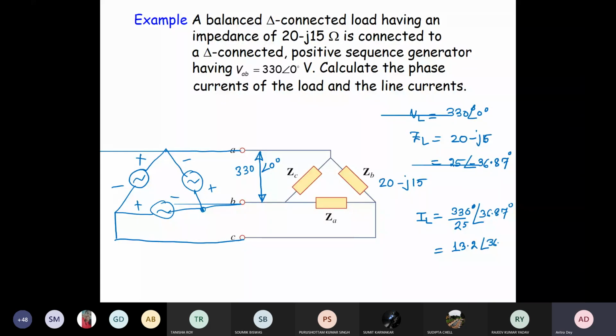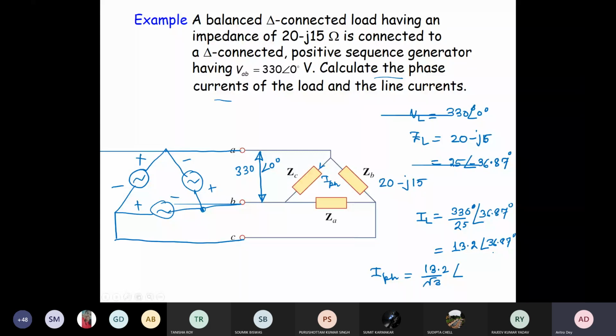So what will be your phase current? I phase will be IL by root 3, so 13.2 by root 3, and it will be 30-degree lagging.